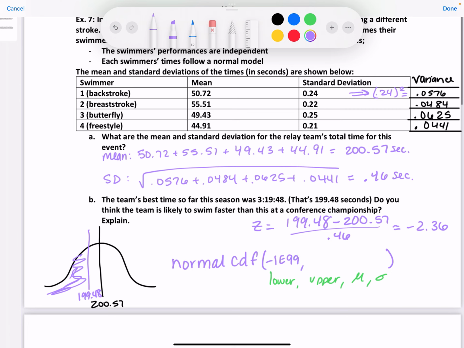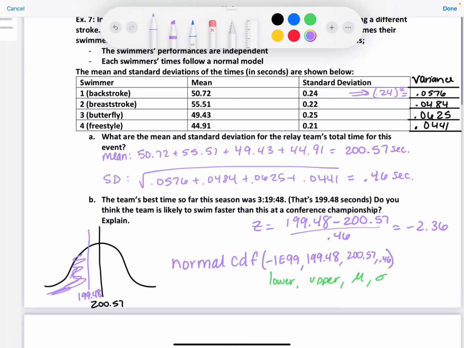If it asks for a specific range, then your lower is the bottom number in your range and your upper is the higher number. But our upper is going to be 199.48. The mean is 200.57, and the standard deviation is 0.46.